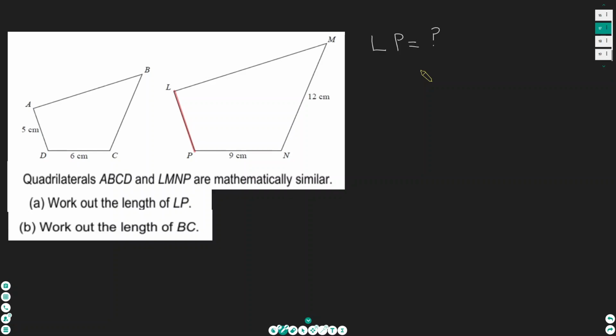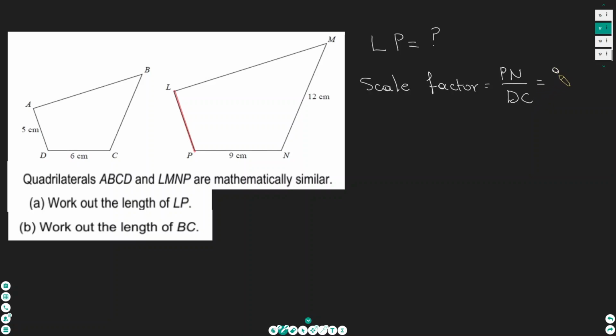Since we know they are similar, we can easily find the scale factor by dividing two corresponding sides. So the scale factor can be found by dividing the PN by DC. So this is PN divided by the DC.